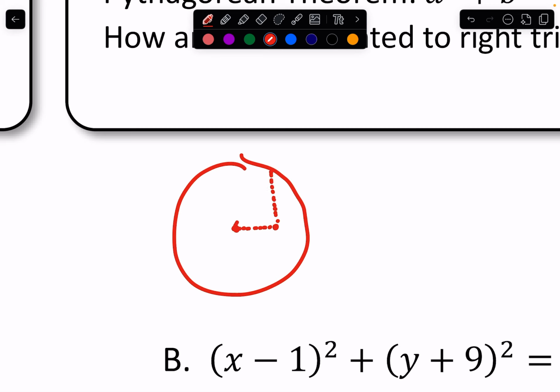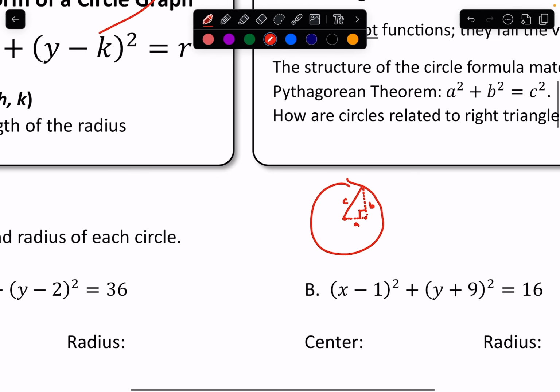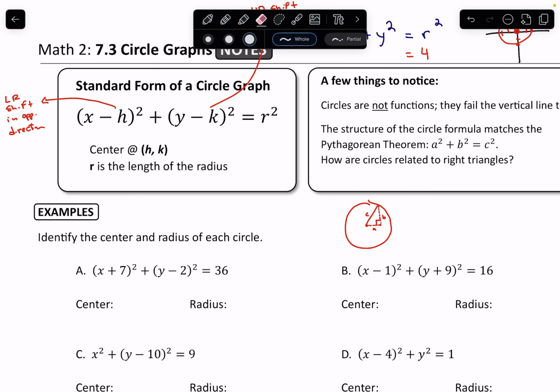And what I've created is a right triangle, and this is A, this is B, this is C. So the Pythagorean theorem is very much connected to the formula of a circle because that's how you get the radius of the circle as well.